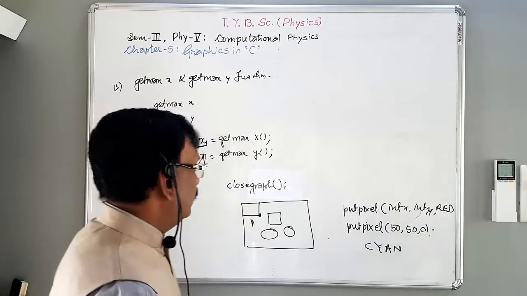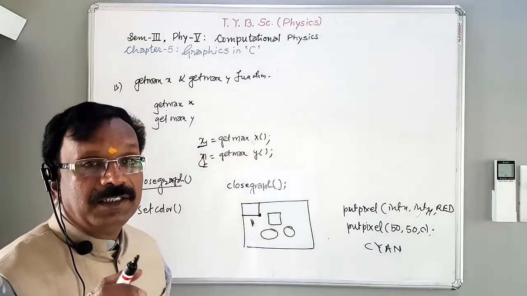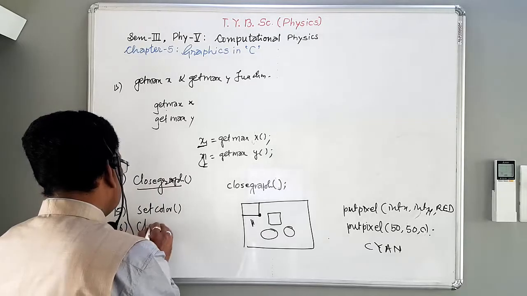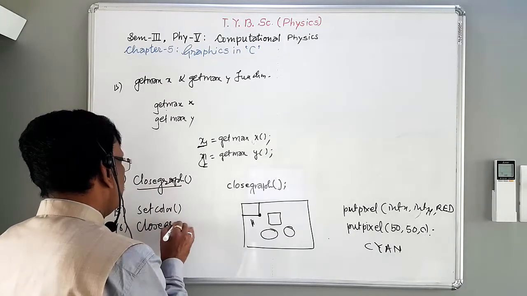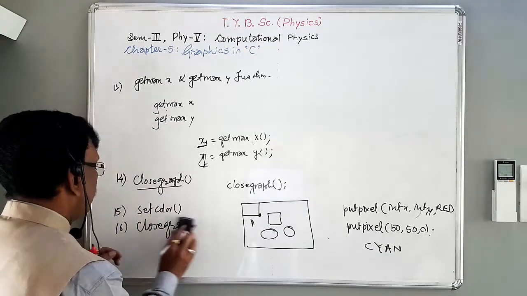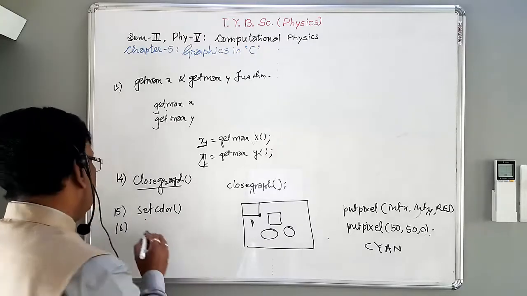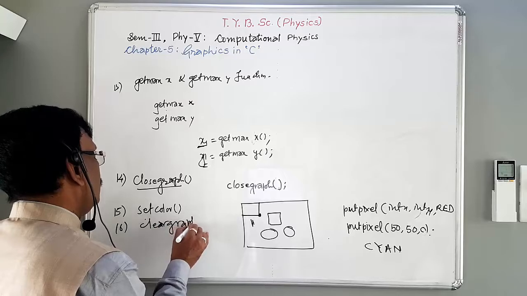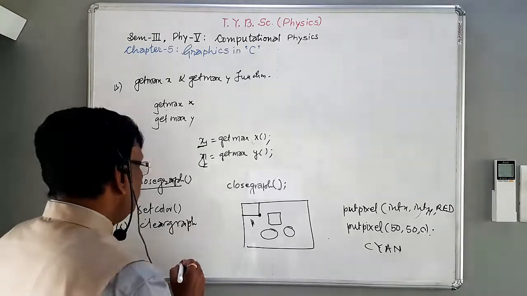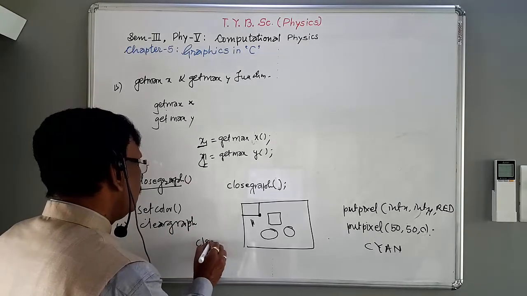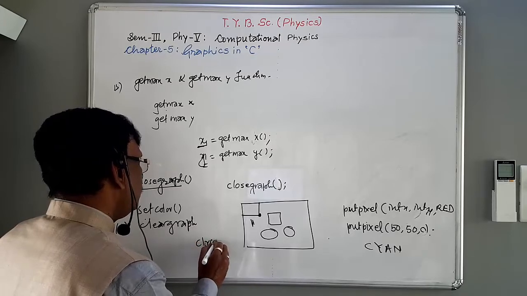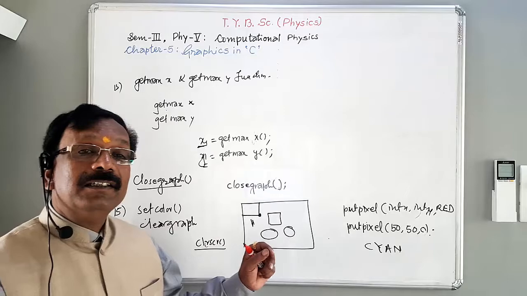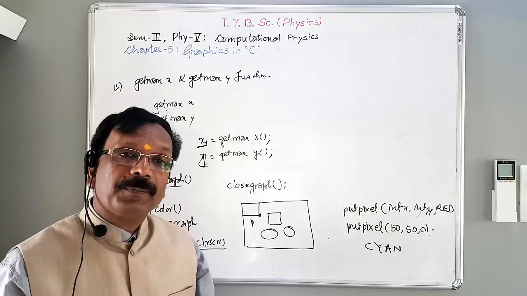Okay. And next command, 16, clear graph. In text mode we use the CLRSCR command in order to clear the screen before writing a new program.